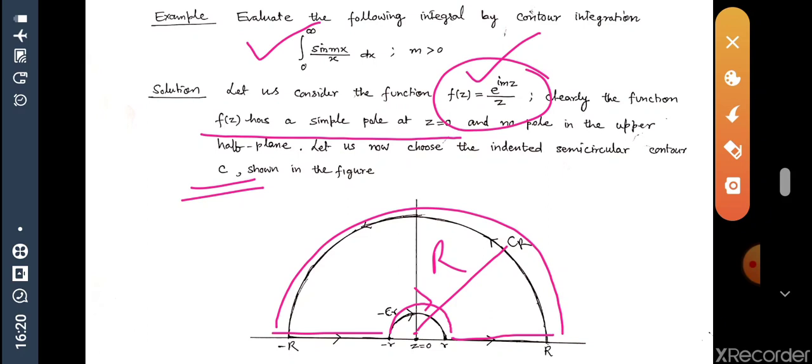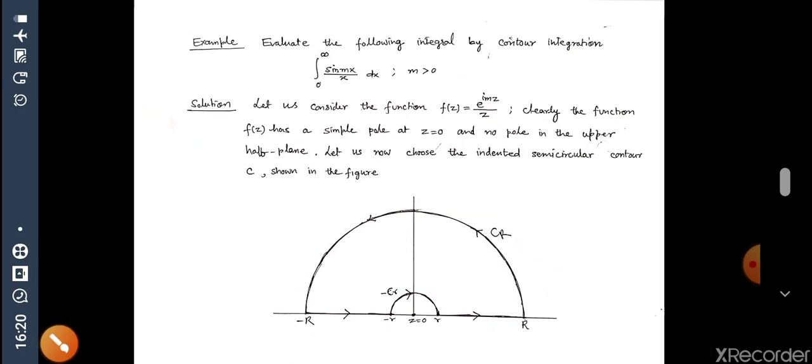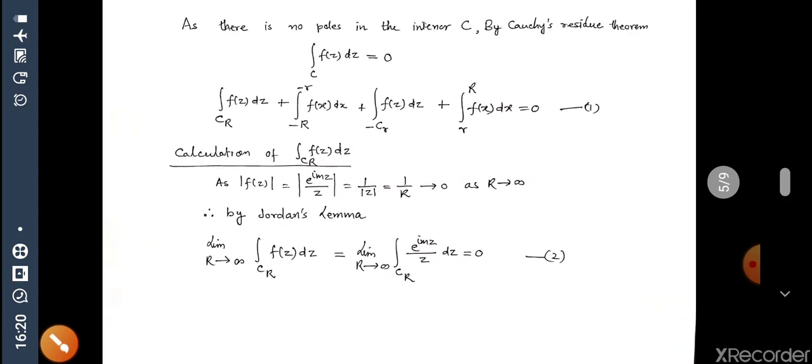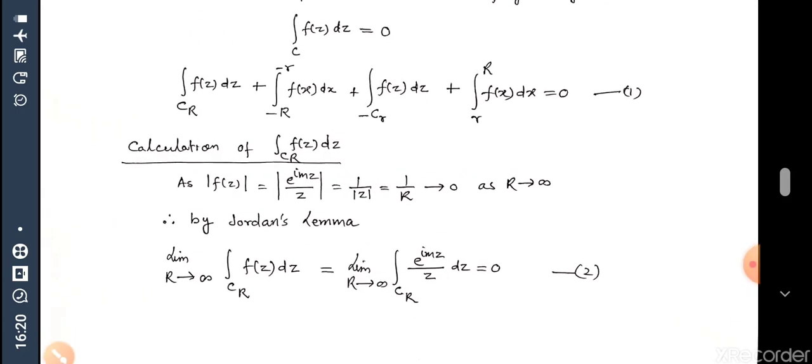Here there is no pole in the contour, so by the Cauchy residue theorem, the value of the integral over C of f(z) dz is equal to 0.